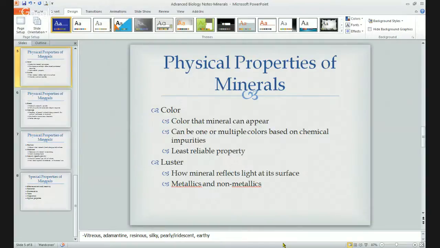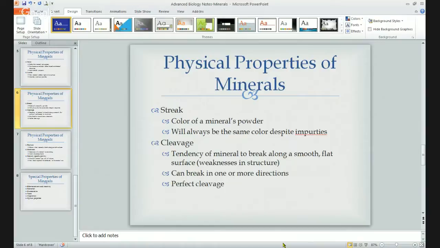So those are two ways. We've got a few more. We can do the streak of a mineral. When you are determining the streak of a mineral, you use these little things called streak plates.